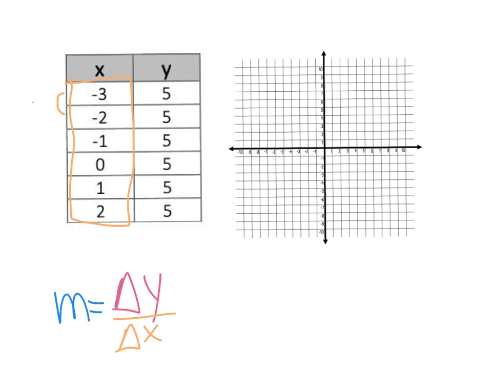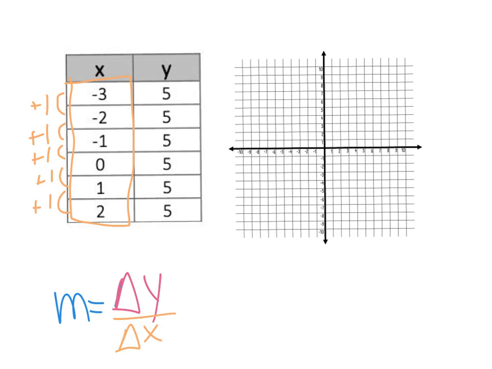We're getting larger, so it's adding 1. From -2 to -1, we're still getting bigger by adding 1. From -1 to 0, we're still increasing. From 0 to 1, we're adding 1 again. From 1 to 2, we're adding 1.